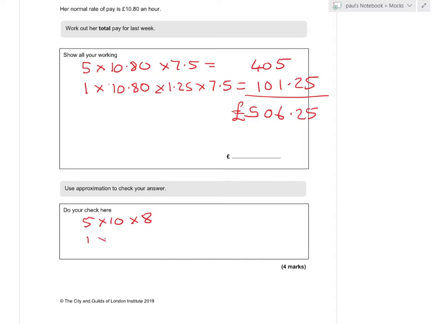And the other one's 1 day times 1.25, maybe 10, say 12 times another 8 hours. 5 times 10 is 50, so 50 times 8 is about £400. And 12 times 8 is 96. So 496. Not far off, a good approximation.